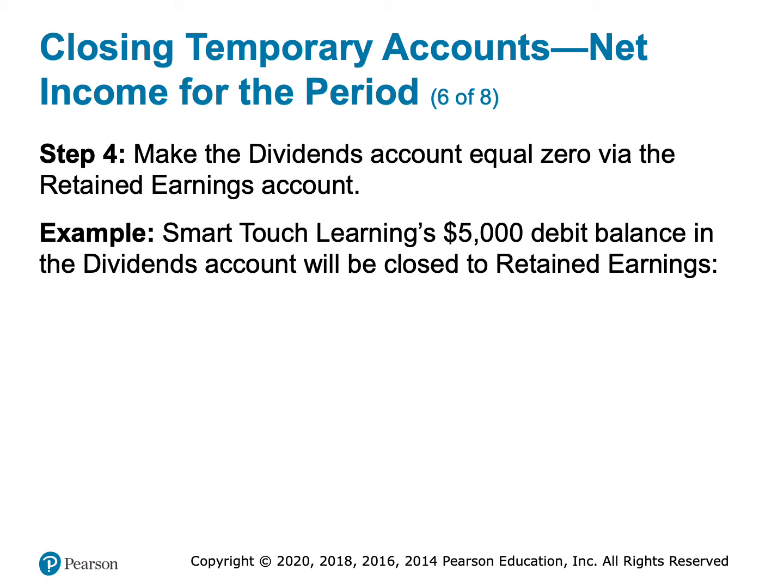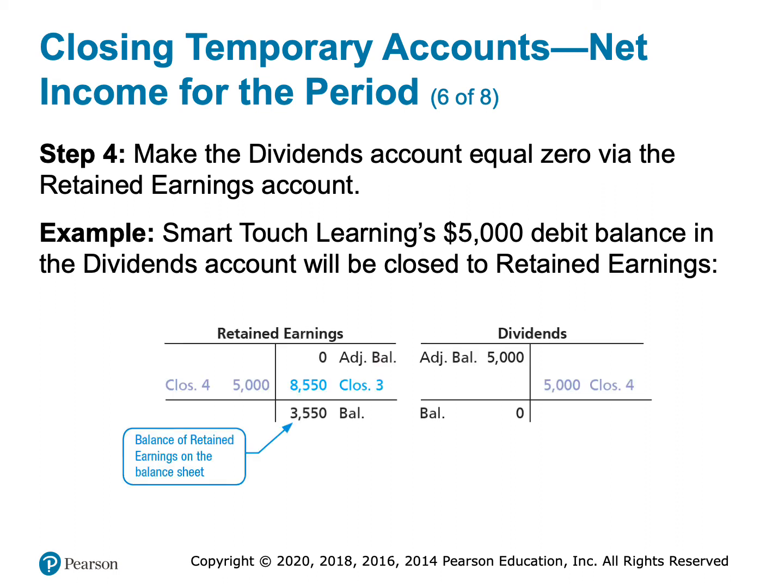So since I'm crediting dividends to zero it out, I'm doing the opposite of its balance. That means I have to be debiting retained earnings. Now remember, we said retained earnings has a normal credit balance. So if I'm debiting retained earnings, that means I am decreasing retained earnings. Does it make sense that dividends would decrease retained earnings? Well, remember on that statement of retained earnings, we subtracted that 5,000 of dividends.